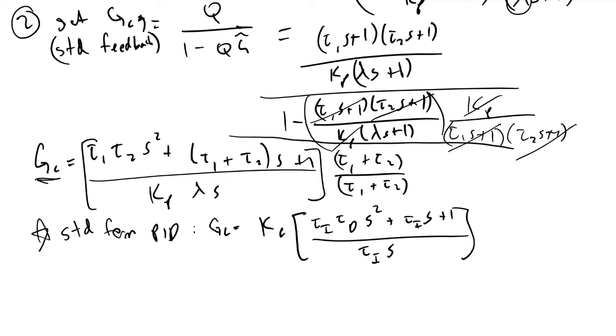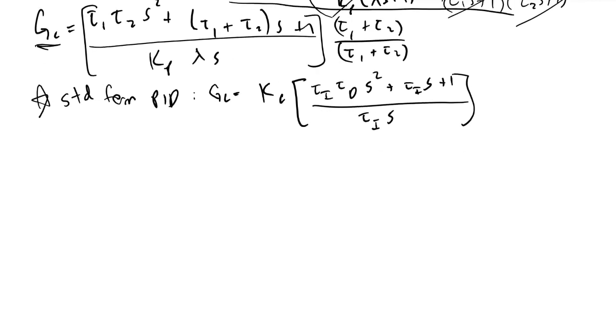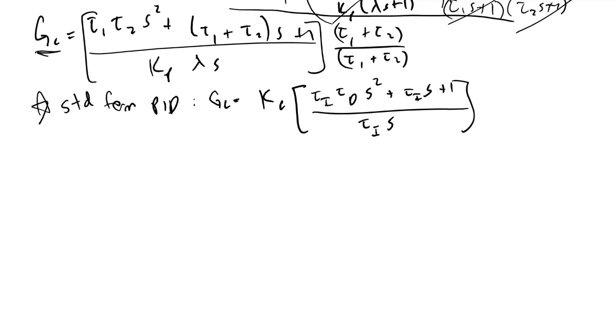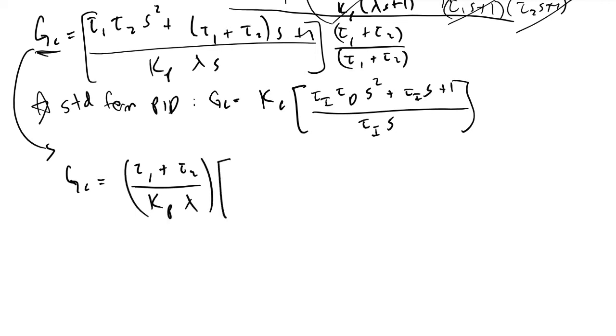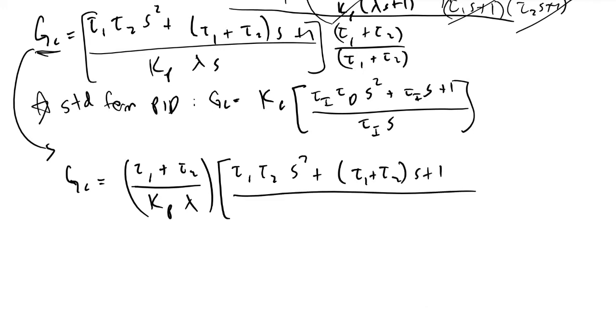After we do that and simplify, we can rewrite GC in the form tau 1 plus tau 2 divided by the process gain Kp times lambda, and this quantity is multiplied by tau 1 tau 2 s squared plus quantity tau 1 plus tau 2 times s plus 1, divided by tau 1 plus tau 2.